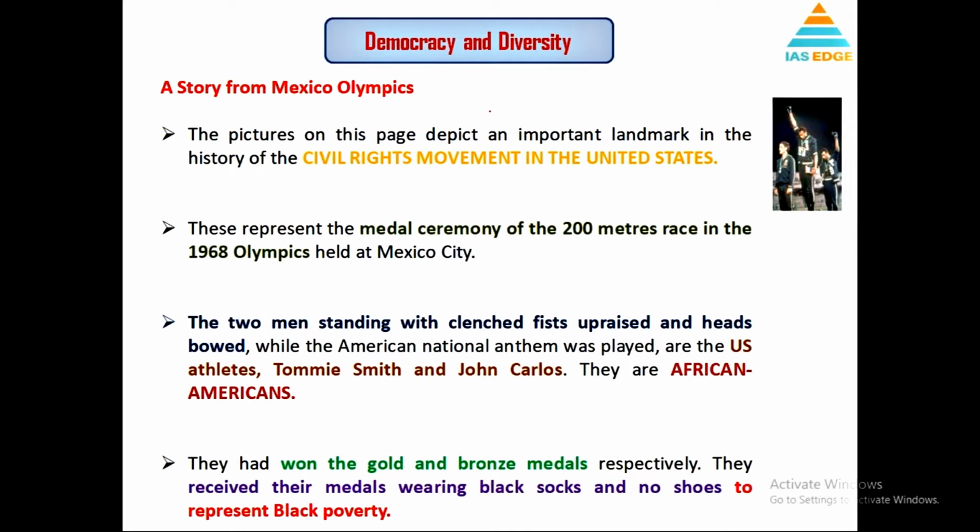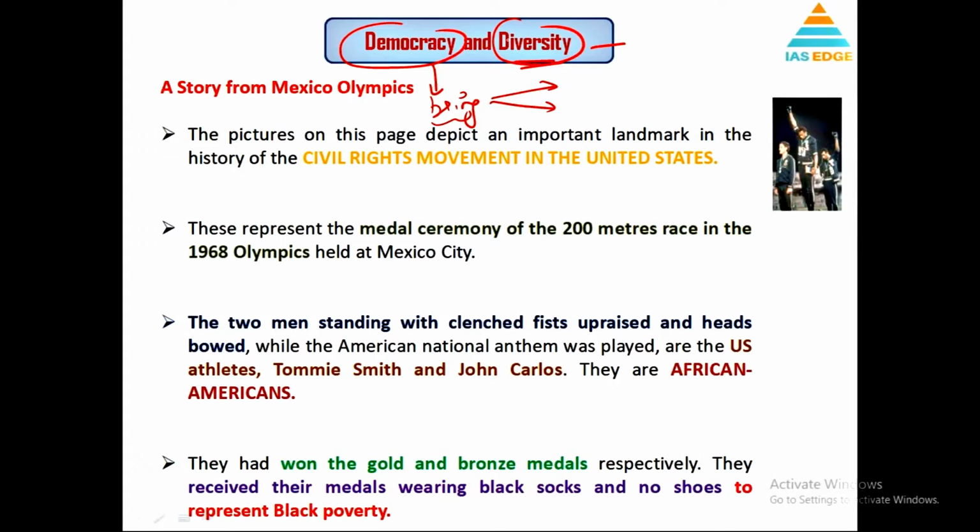Here we are discussing democracy and diversity, because when you try to bring democracy into a nation, there are problems, and let's try to understand. There is certain diversity in any country. For example, India has diversity in terms of caste, language, religion, and cultural practices.